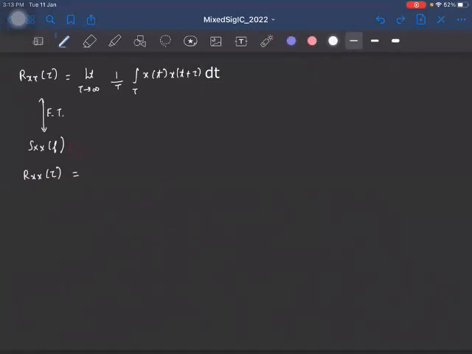So Rxx of tau will be the integral from minus infinity to plus infinity of the power spectral density times e power j 2 pi f tau df. So let's say we put tau to be 0 in this expression. What do we get?